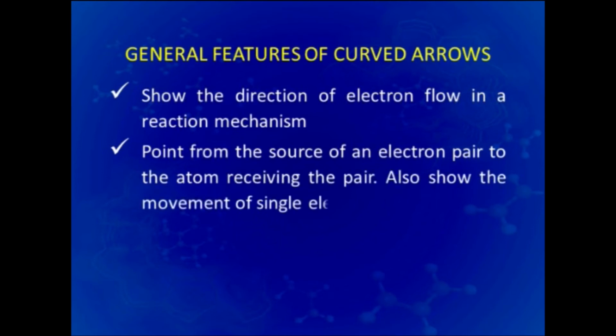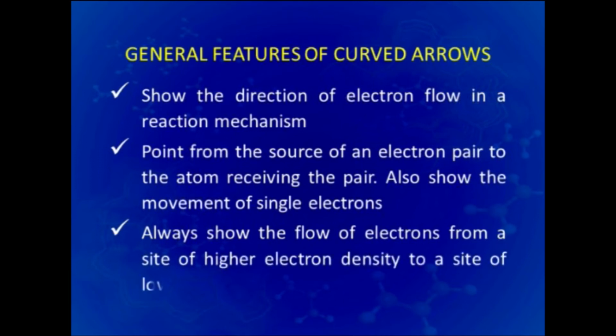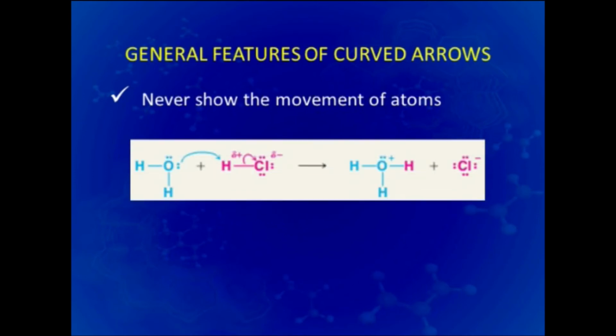Also, they show the movement of single electrons, where we saw the use of the half curved arrow. And these generally show the flow of electrons from a site of higher electron density to a site of lower electron density. But they never show the movement of atoms. As you will see when we do more and more organic reactions, the atom is never shown moving with the curved arrow.